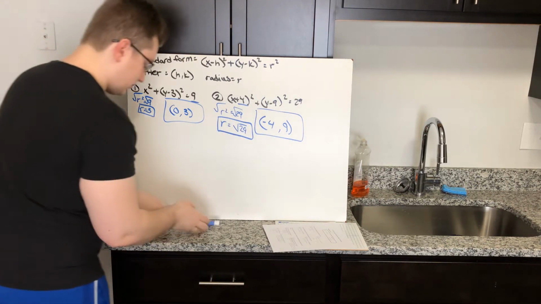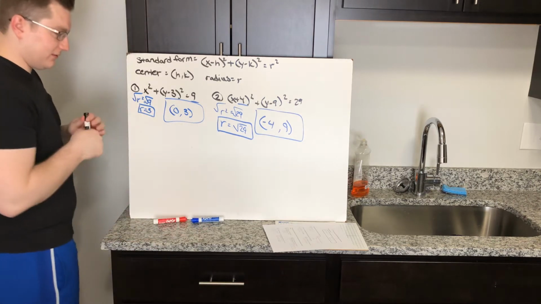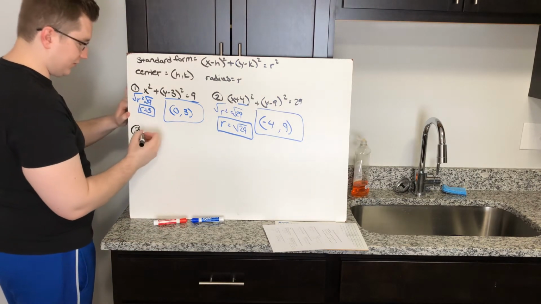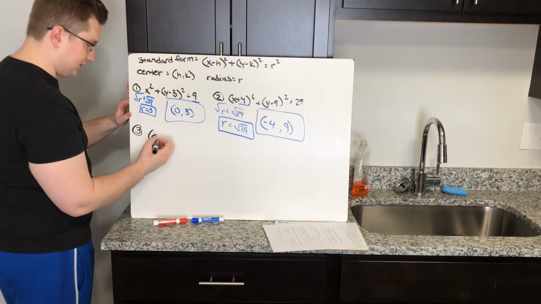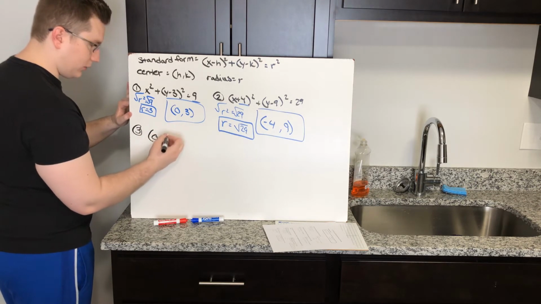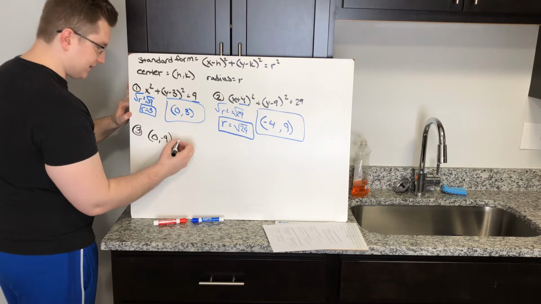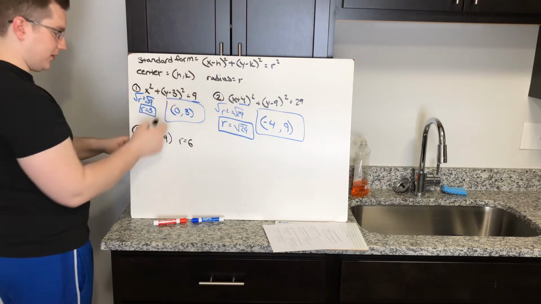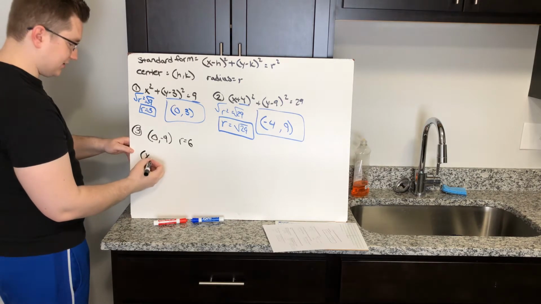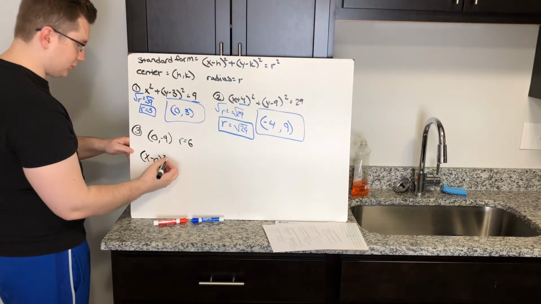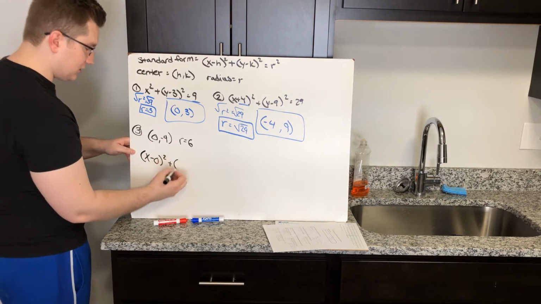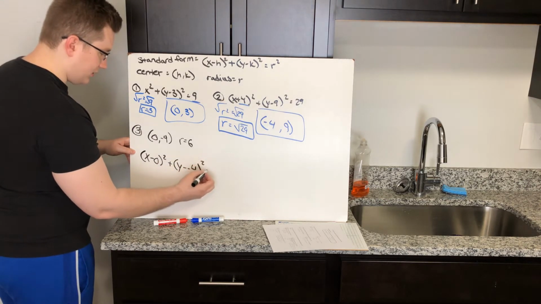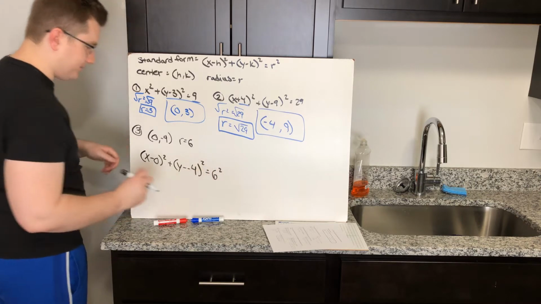So now, let's do the opposite of this. For number 3, we have to write the equation. I know that the center is (0, negative 4) and the radius is 6. So if I plug this into my equation, I'm going to have (x minus 0) squared plus (y minus negative 4) squared is equal to 6 squared.